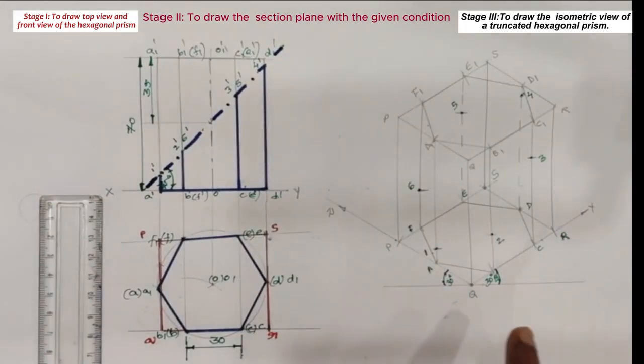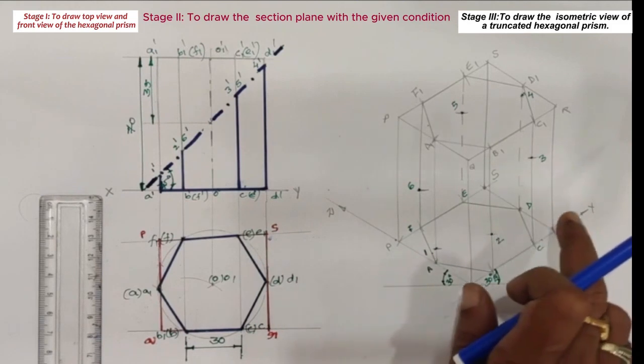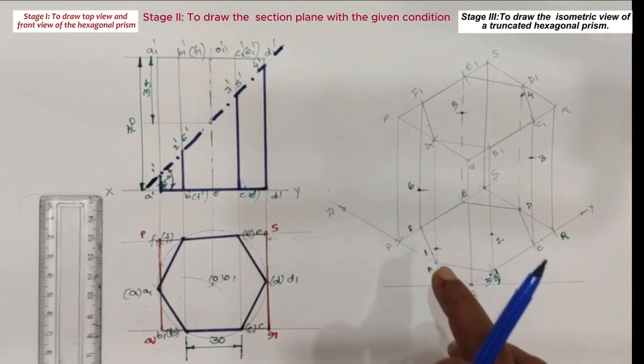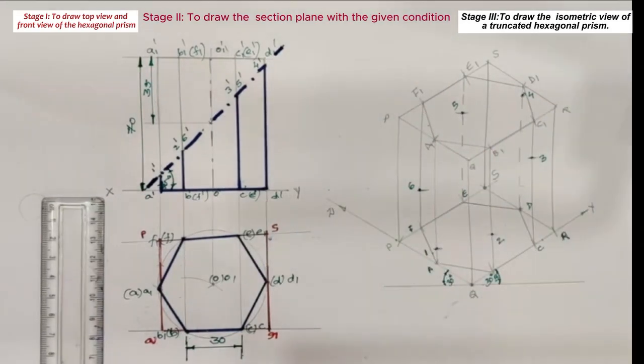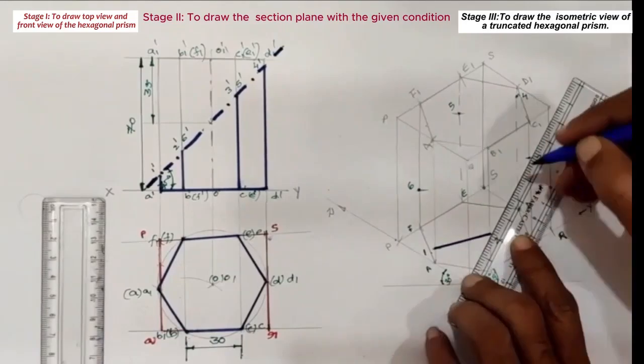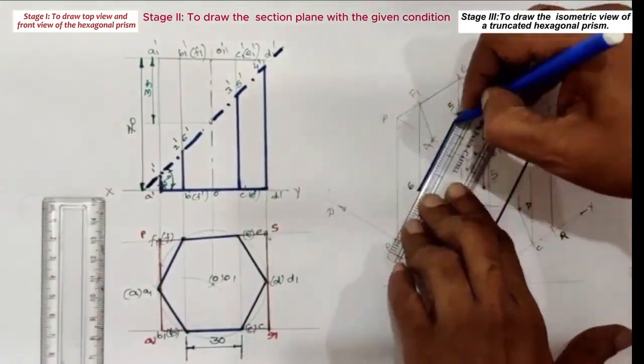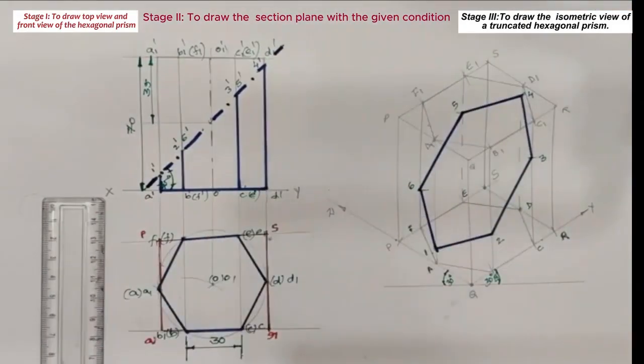Join the points, say 1, 2, 3, 4, 5, 6 and 1 with continuous thick lines. Then draw outside edges of the truncated hexagonal prism with thick lines.